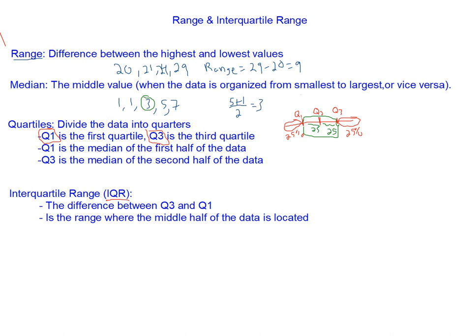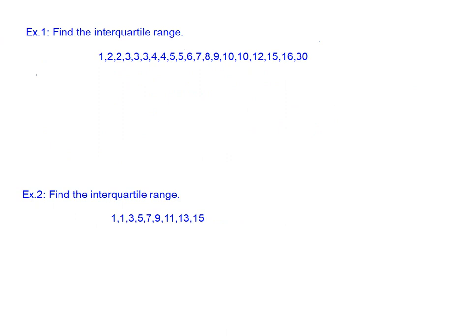Let's have a look at an example. So here's an example. This example contains 20 numbers. We're going to start by finding the median. If there are 20 numbers, we add 1 and divide by 2, and that tells us where our middle datum is. So 20 plus 1 is 21, divided by 2 is 10.5. So we're looking for the piece of data that's between item number 10 and item number 11, and I think that happens right in here.